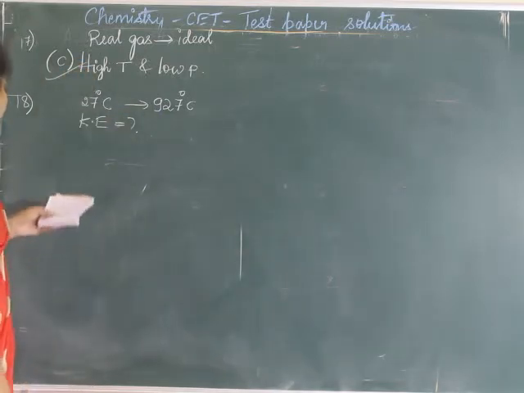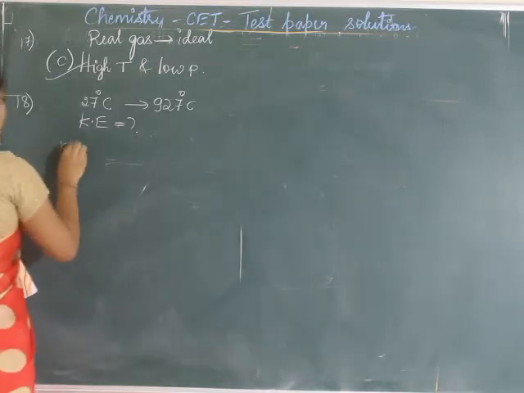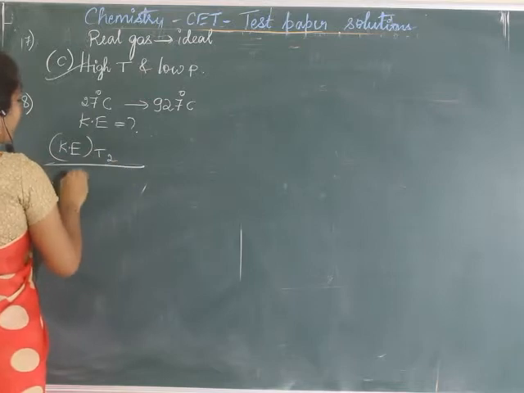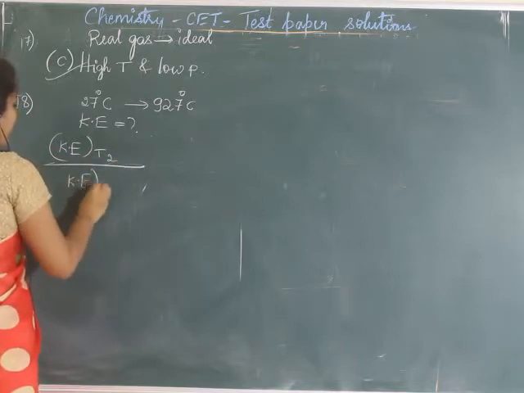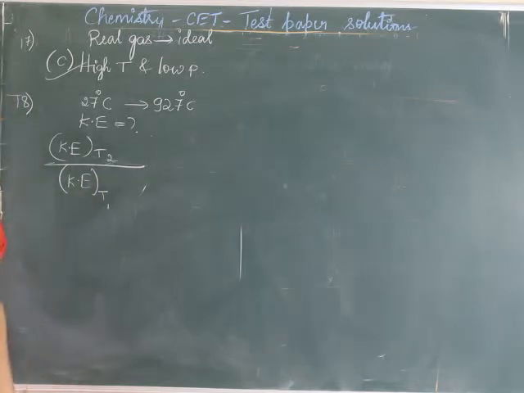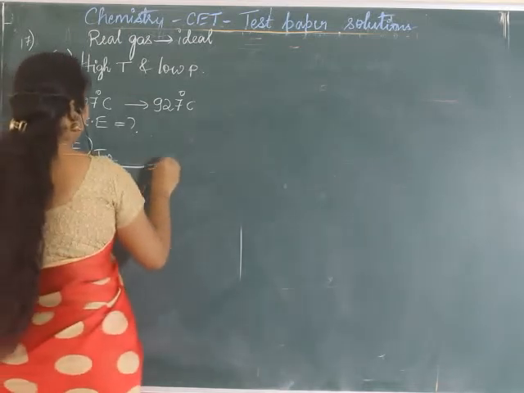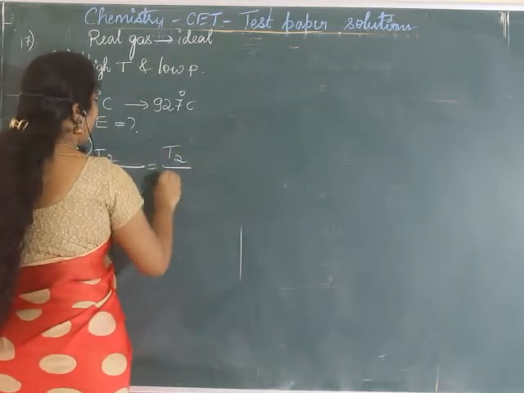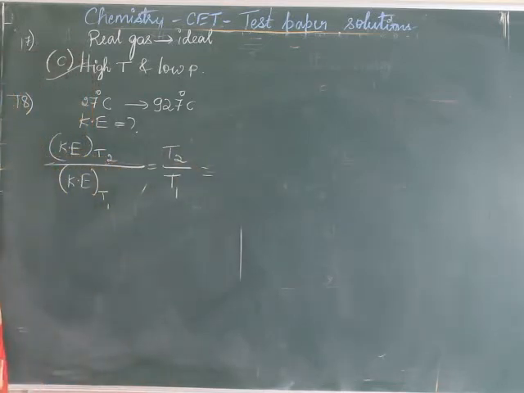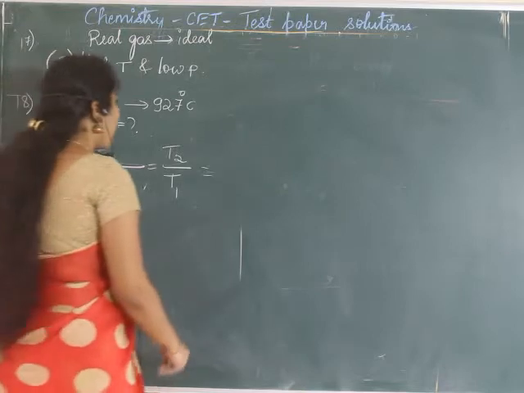Let us take kinetic energy at the final temperature T2 divided by kinetic energy at the initial temperature T1, which is equal to the ratio of the final temperature to the initial temperature.